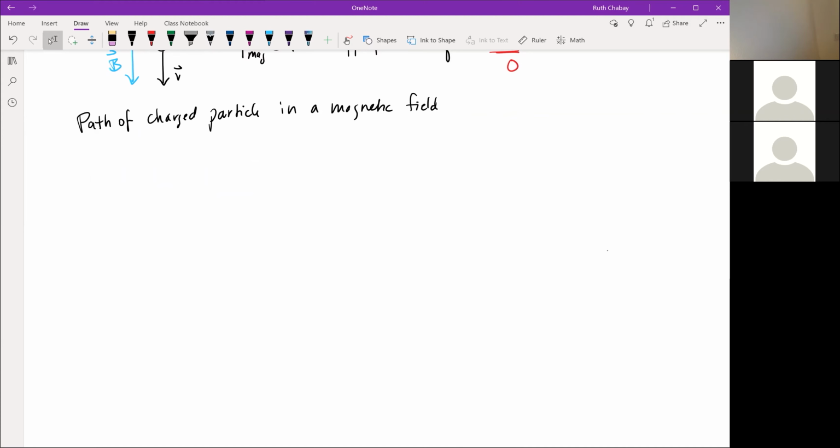So let's go back to the momentum principle, our favorite principle.